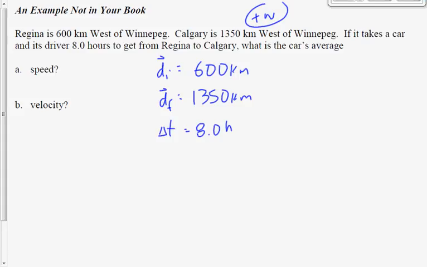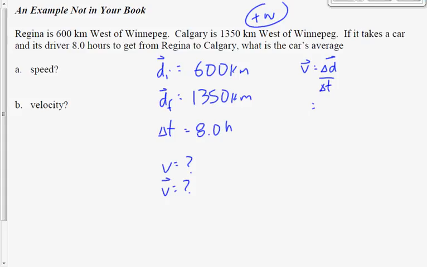All right. I want to find speed. I want to find velocity. Let's do velocity first. Sometimes I find the vector one easier. What's my displacement? Do I add or subtract? Remember, I got positions. Add or subtract?